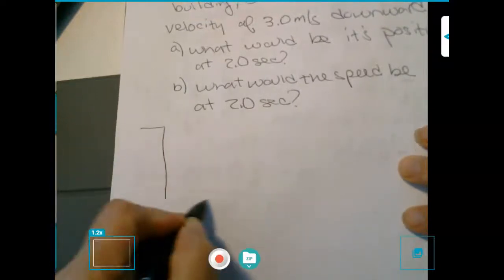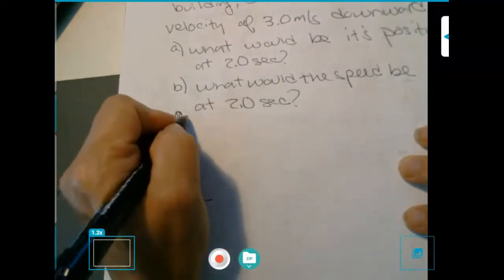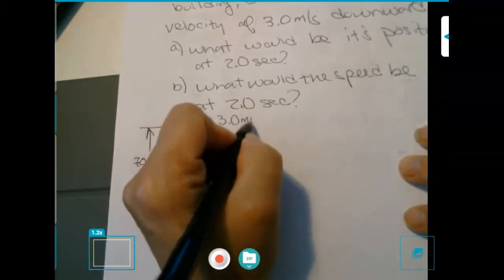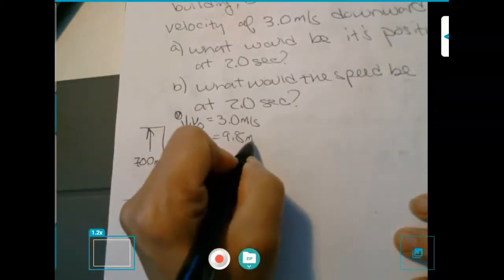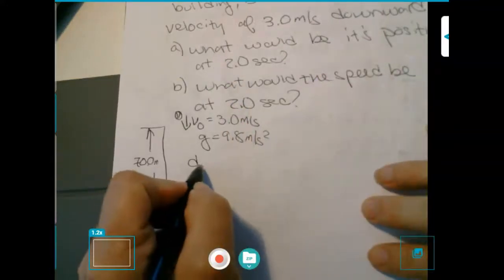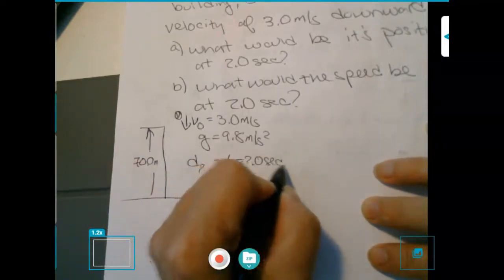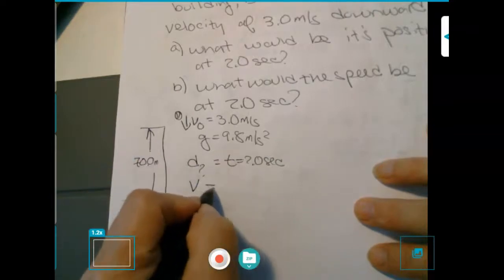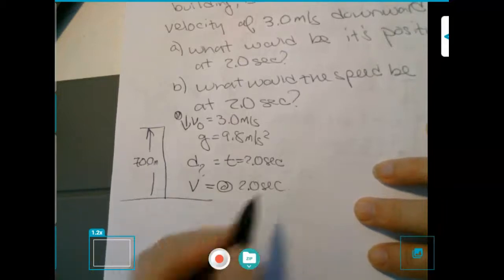I've got the same building, it's 70 meters tall, but now I've got a ball being pushed down with an initial velocity of 3 meters per second. I still have my g of 9.8 meters per second squared, and I'm looking for its position, so I'm looking for what d would be when t is 2 seconds. And then I want to know my velocity, which is regular v, at 2 seconds.